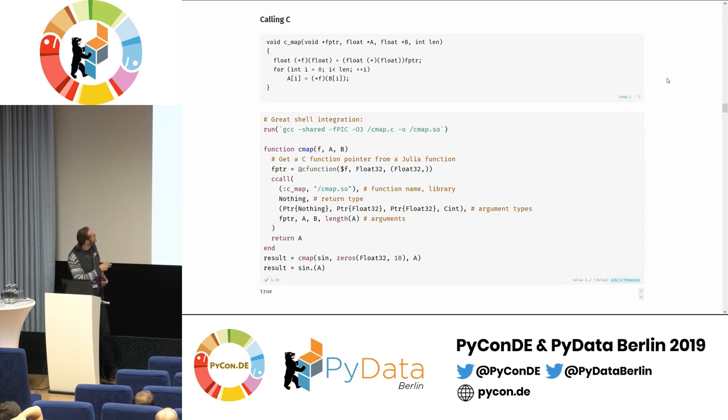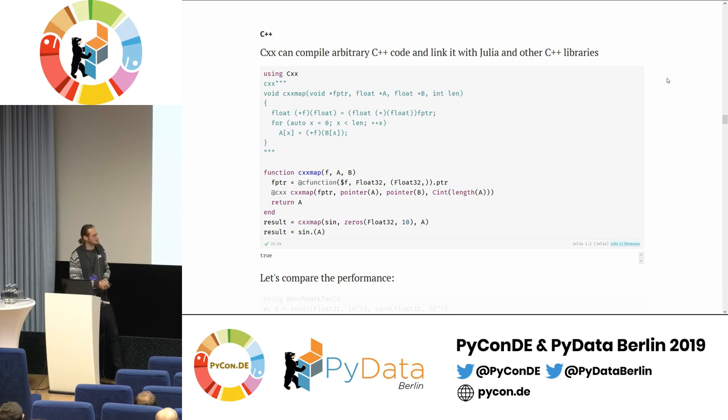And the code to actually call the C function is a bit more complicated because it's a statically typed language. So you actually need to define with what types you call this function, and you need to define the argument types and the return types of the function you're calling. But then you can just call the C function just like any Julia function, and it will work without any overhead.